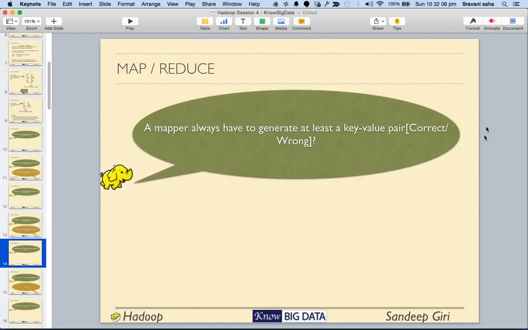Now the next question: the mapper has to generate at least one key value pair for an input. Is that correct or wrong? Put correct or wrong so that I will not confuse it with the previous one.